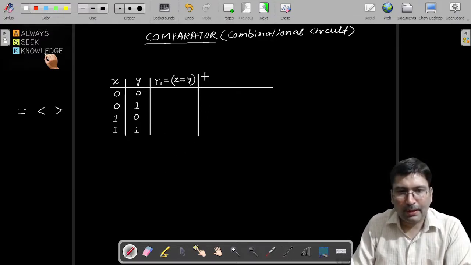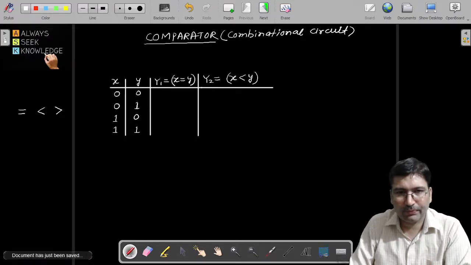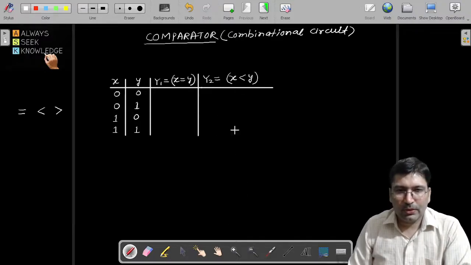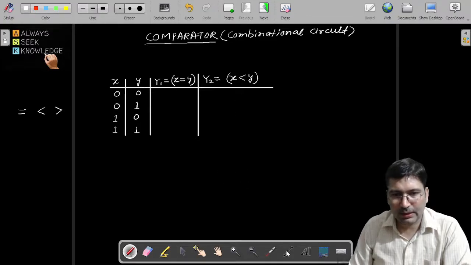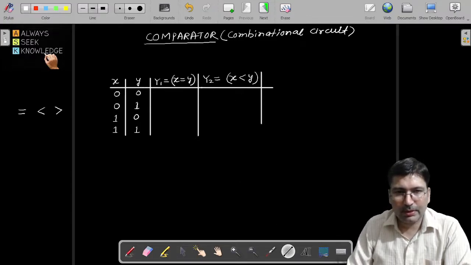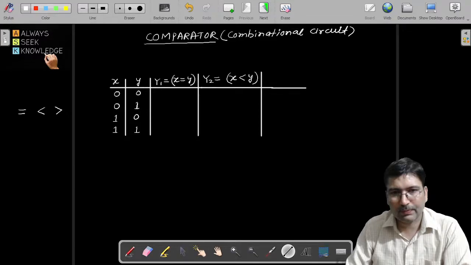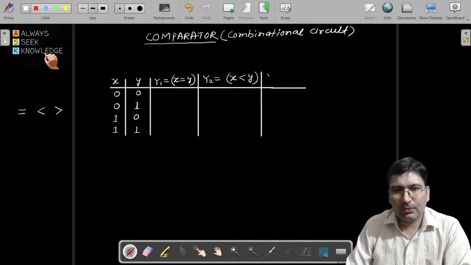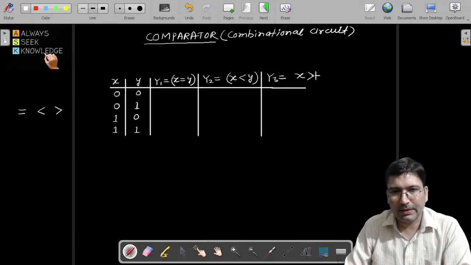Now let's say I'm taking y2, and y2 I am assuming when x is having lesser value than y. So if x is having lesser value than y, then we consider this is high. And the third possibility in case of comparator is y3, when x is having greater value than y.